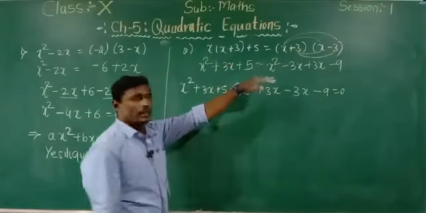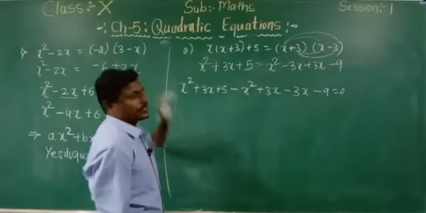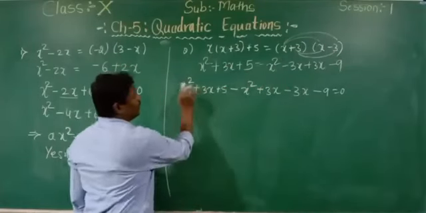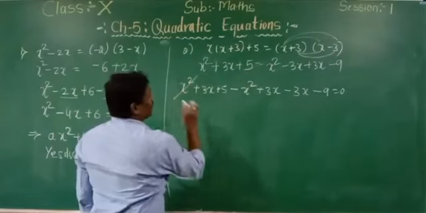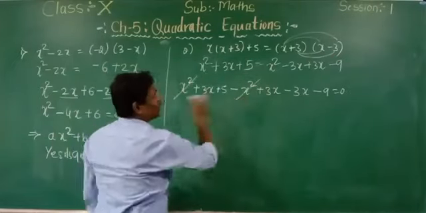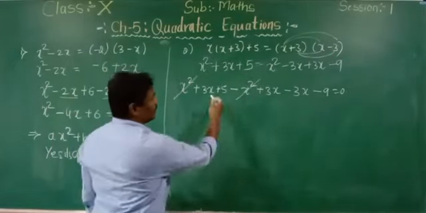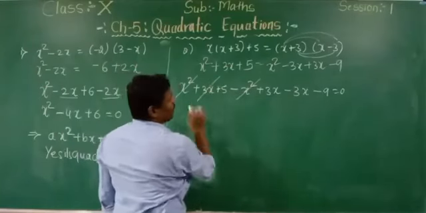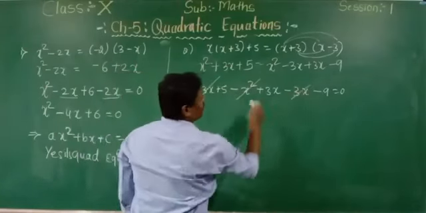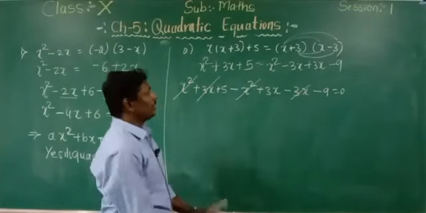So we are taking all the RHS part to the LHS side. Here x square and minus x square get cancelled. What are the remaining terms? Plus 3x and minus 3x get cancelled.